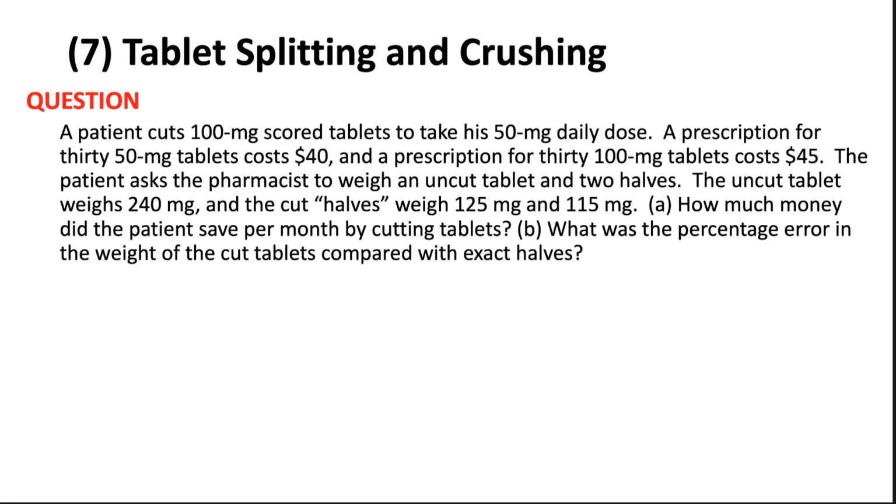The patient asks the pharmacist to weigh an uncut tablet and its 2 halves. The uncut tablet weighs 240 milligrams, and the cut halves weigh 125 milligrams and 115 milligrams, respectively. So they didn't split exactly in half. The question is, how much money did the patient save per month by cutting these tablets?